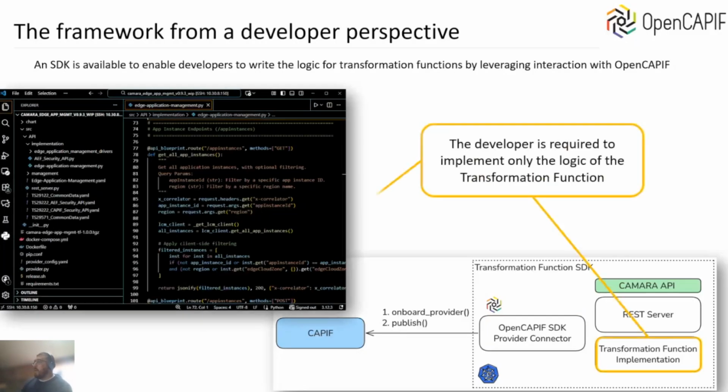And the developer is only supposed to implement the logic of the transformation function, not to interact with CAPIF.